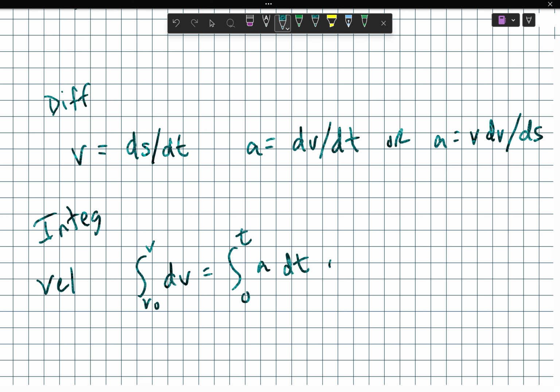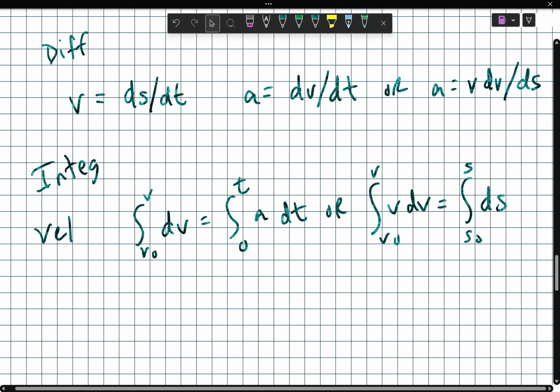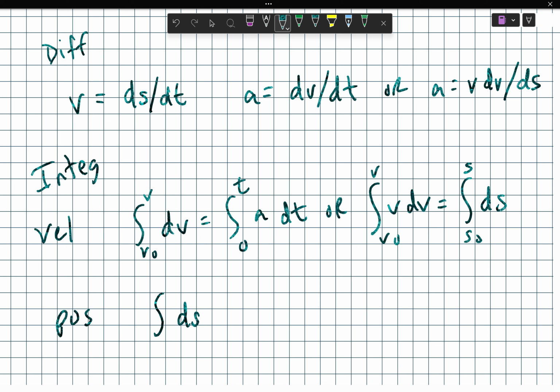Then for position, we integrate ds from s0 to s, which is equal to the integral of v dt from 0 to t.